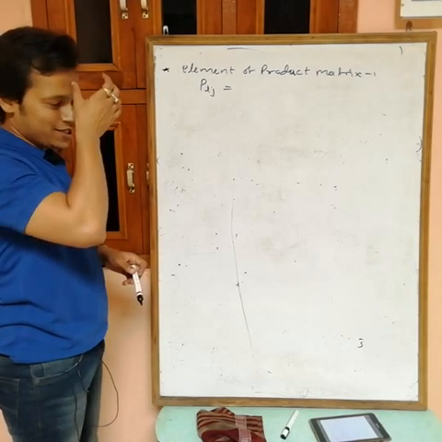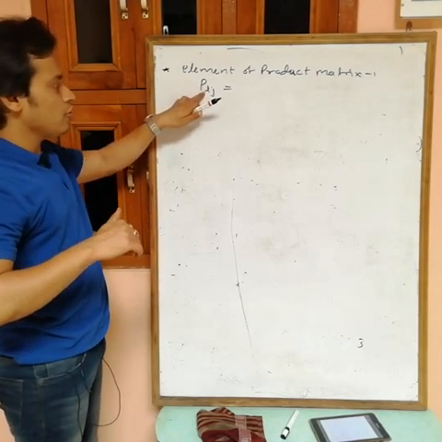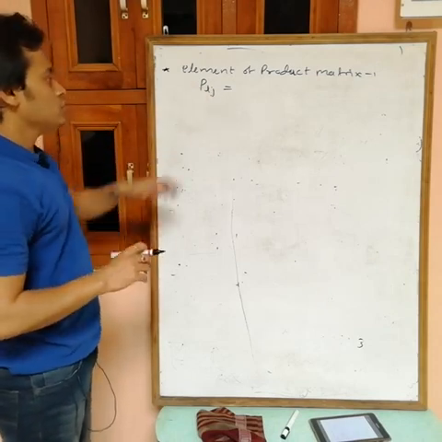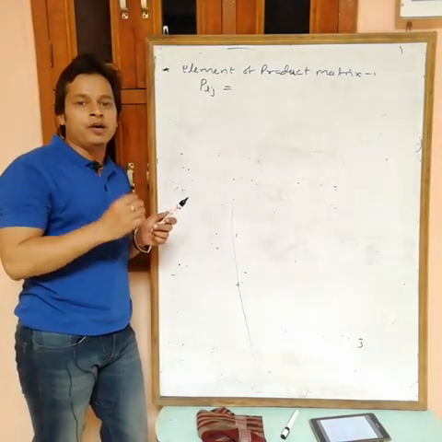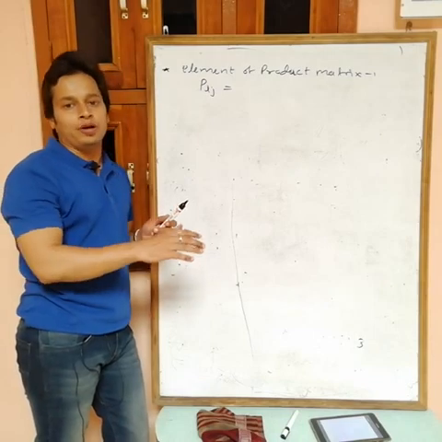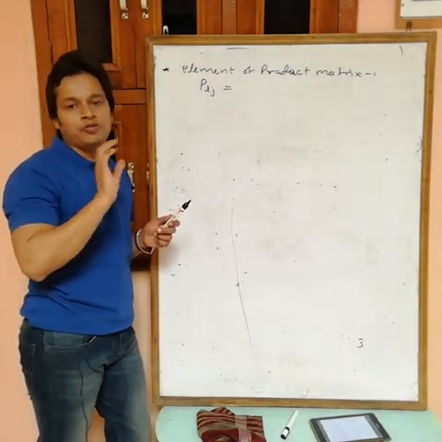Pij means this is the element of the ith row and jth column. So how to get it? To get the element of the product matrix, we have a rule: row by column. It means a row is multiplied with a column.